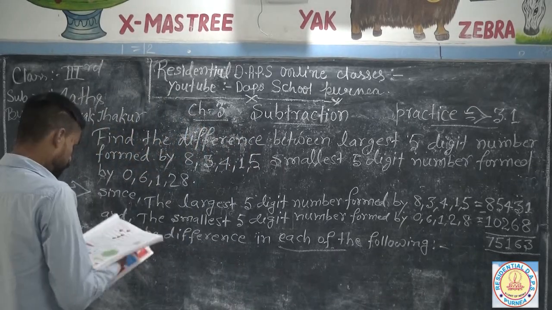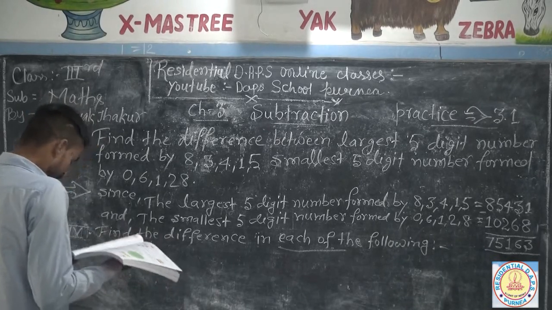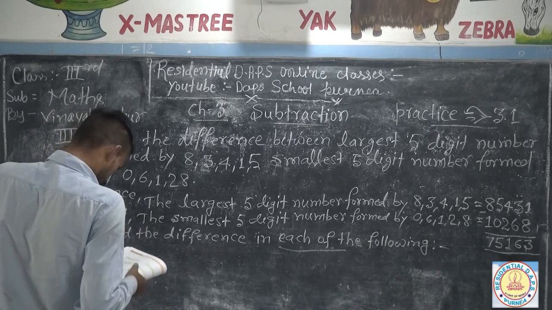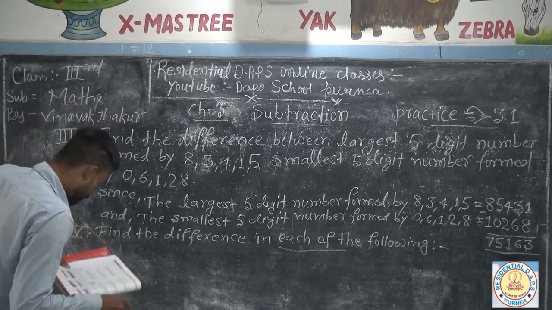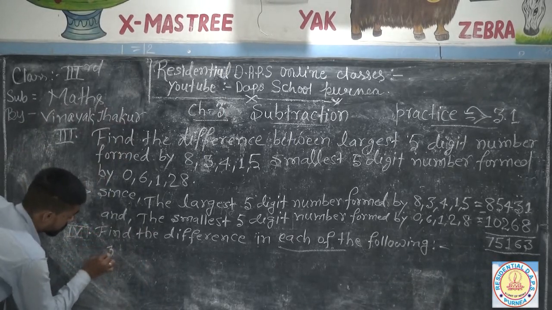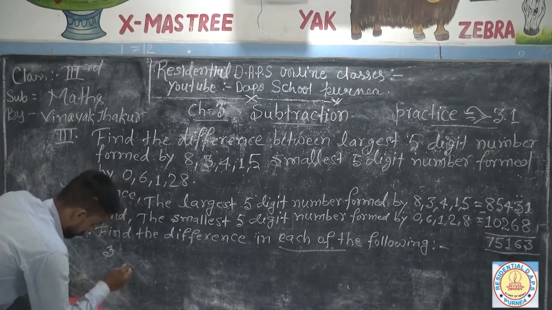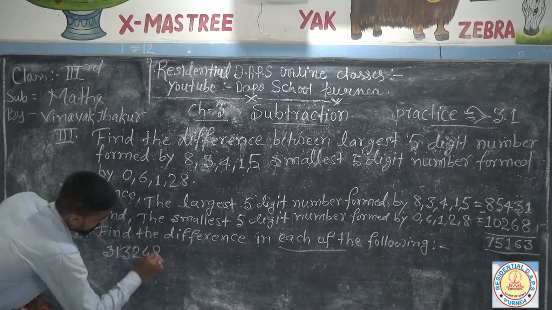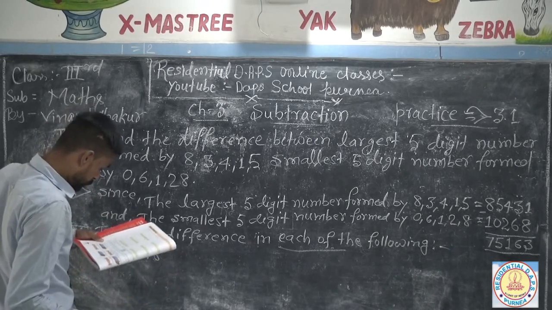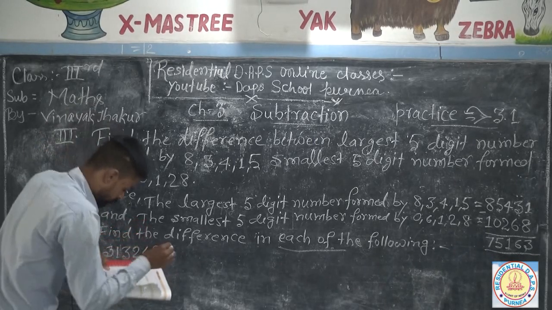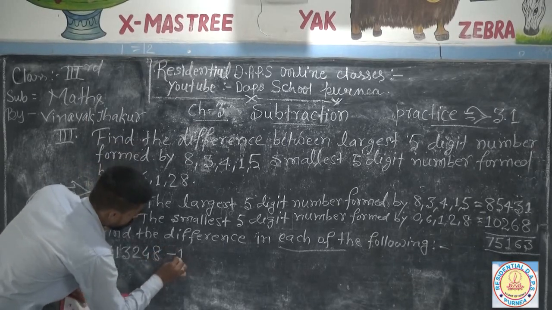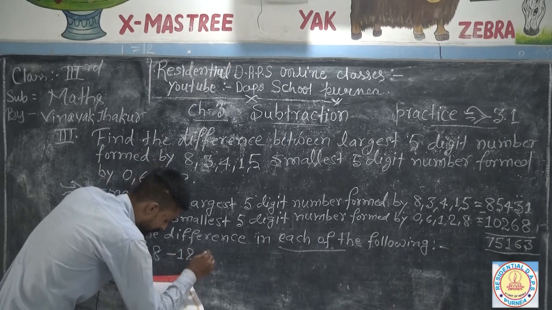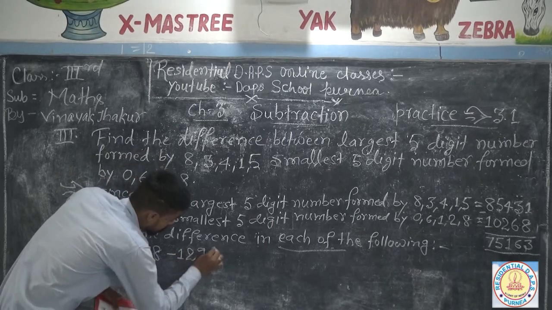So your given number is 3,13,248 to 1,29,602.